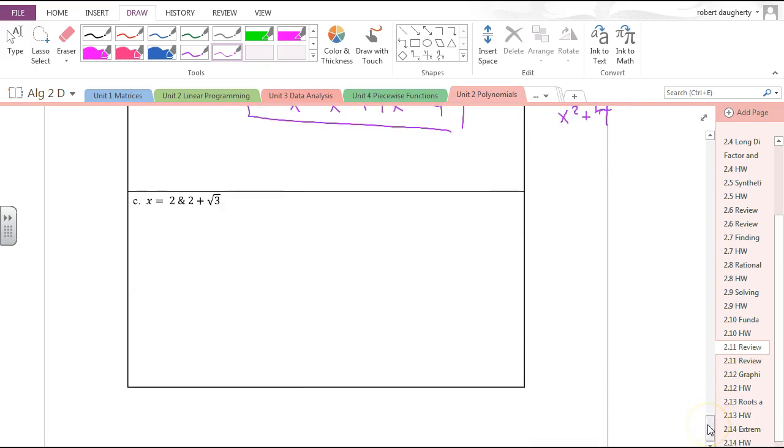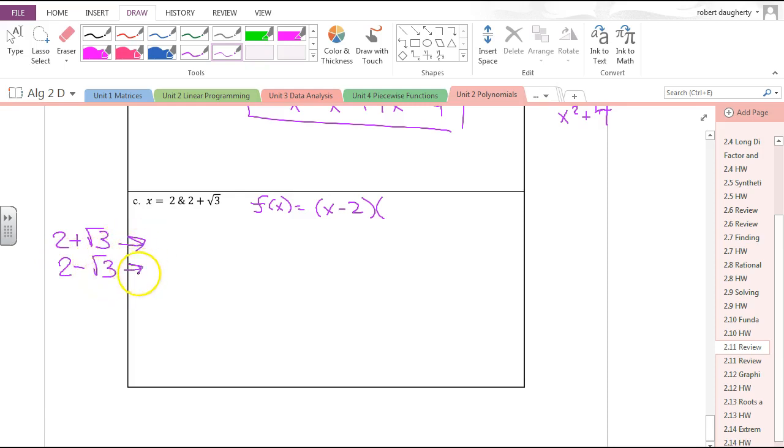And let's look at the last one. I have roots of 2 and 2 plus root 3. So f of x has to equal x minus 2. And then if 2 plus root 3 is one solution, then I also have to have 2 minus root 3. Okay?